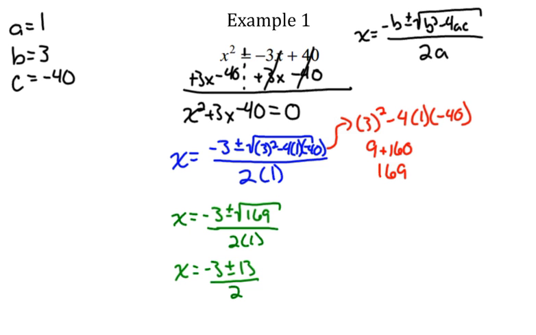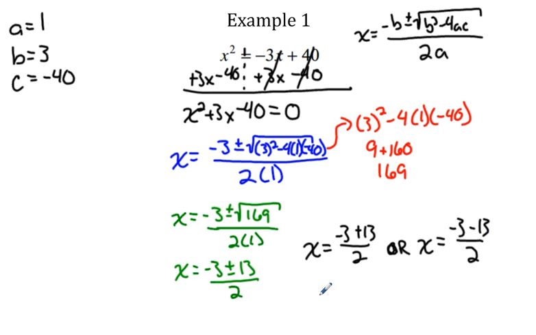Now, to figure out my final answer, I've got to do negative 3 plus 13 divided by 2, and negative 3 minus 13 divided by 2. Negative 3 plus 13 is 10, divided by 2 is 5. So we get x equals 5. Negative 3 minus 13 is negative 16, divided by 2 is negative 8.